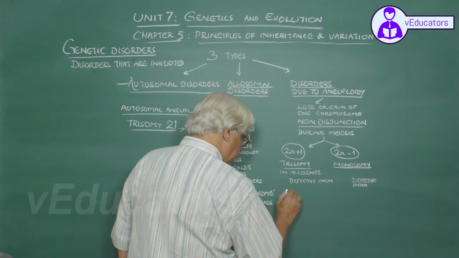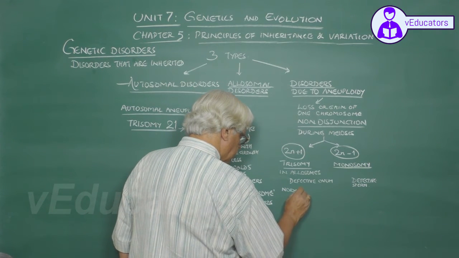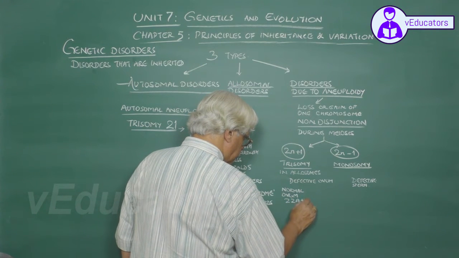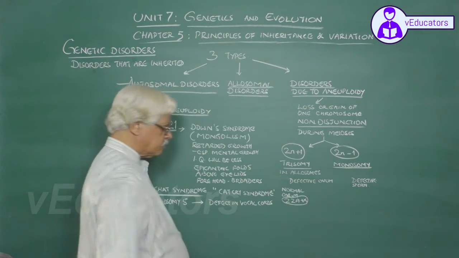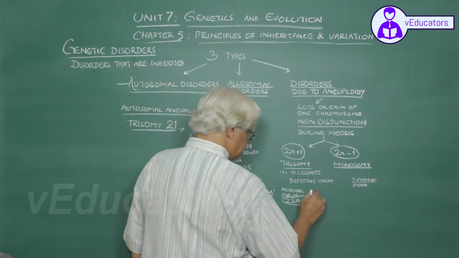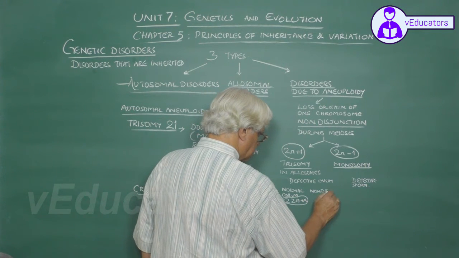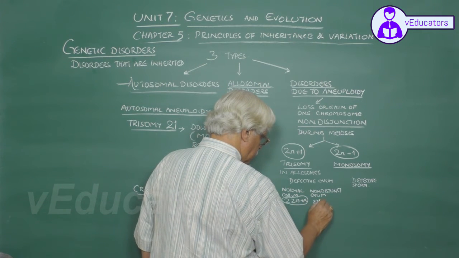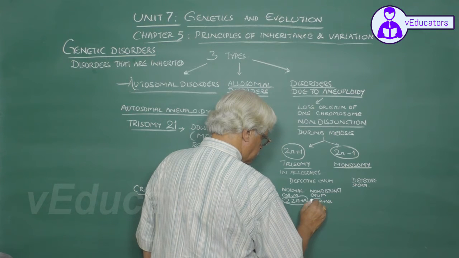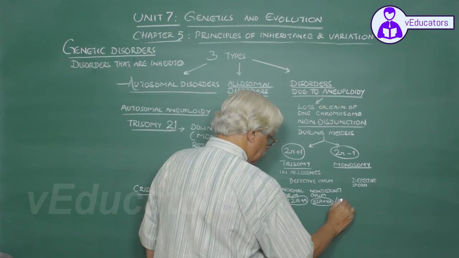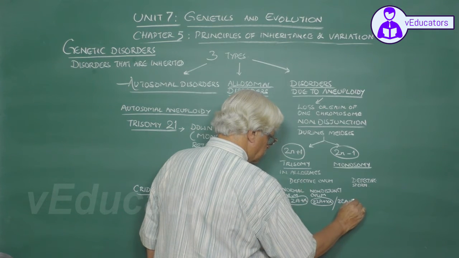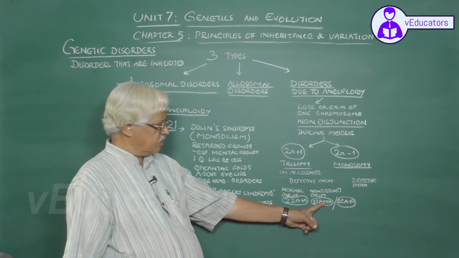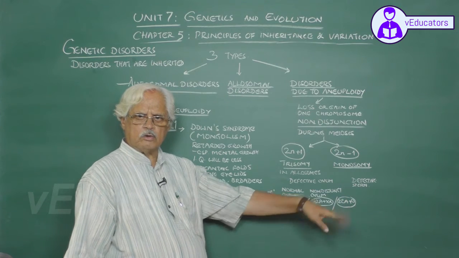Normal ovum will be 22A plus X, whereas non-disjunct ovum can be either 22A plus XX or 22A plus O. Both the sex chromosomes having gone to the cell, or there is a cell without the sex chromosomes.